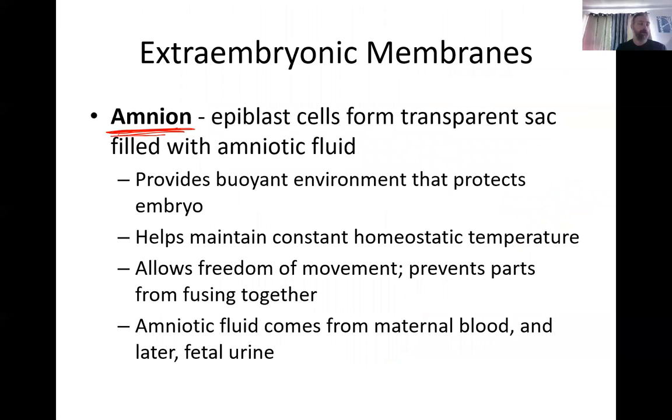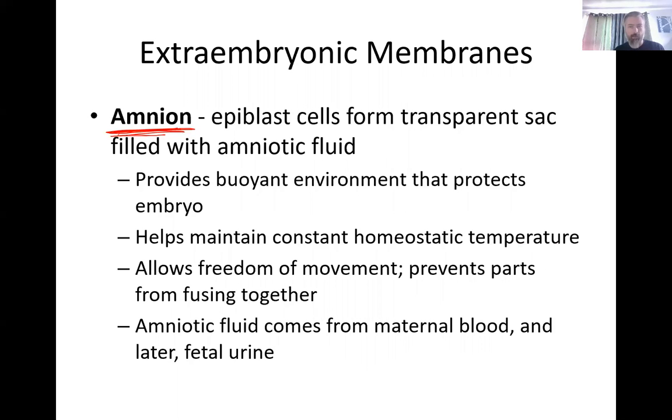Right off, by surrounding us in fluid, it keeps us from getting stuck to ourselves. You can try this for yourself. Don't, but you can. Tape your fingers together and leave them for a month. Your fingers will actually grow together. It's kind of gross. So by surrounding us with fluid, we prevent our body from fusing with other parts of our body.